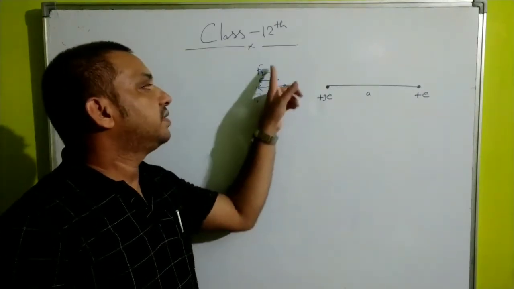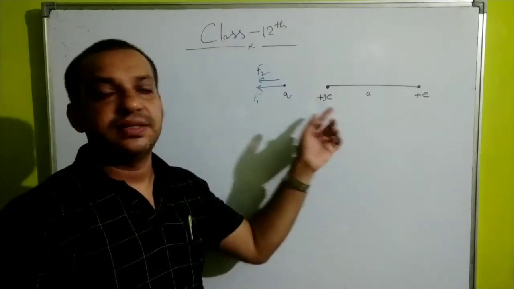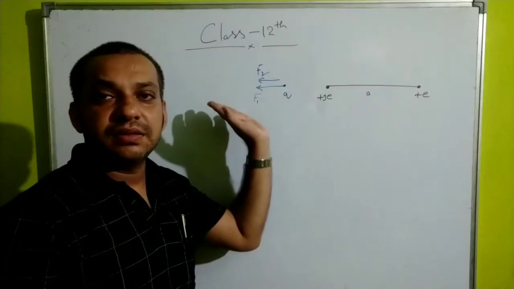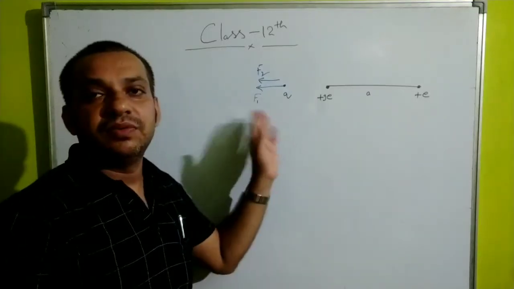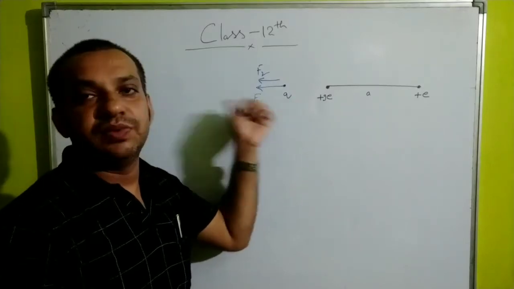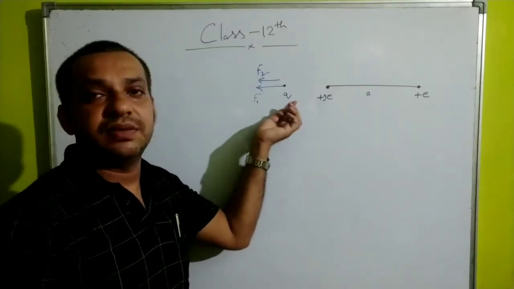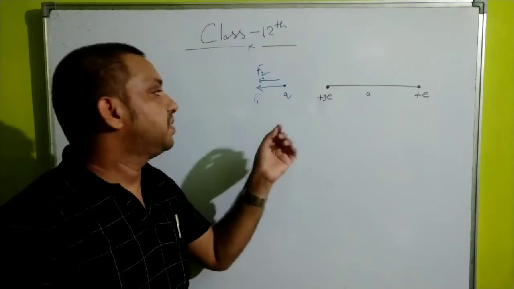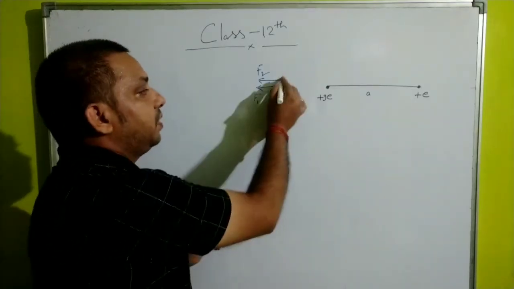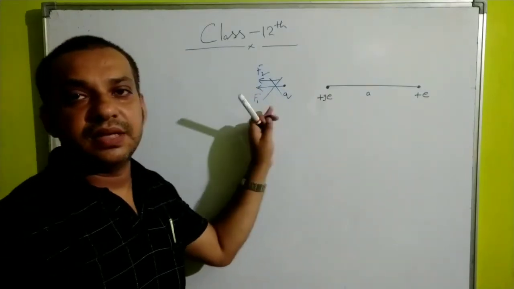But you can see here, because of these two static charges, the force acting on this third charge is in the same direction. That is why both forces give a net force in this direction, so the charge will move in this direction. That means this charge will not be in an equilibrium state, so this case is not possible. You cannot place the third charge in this direction.